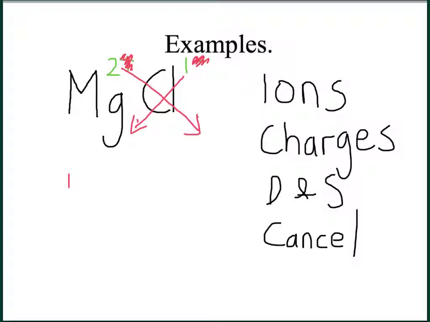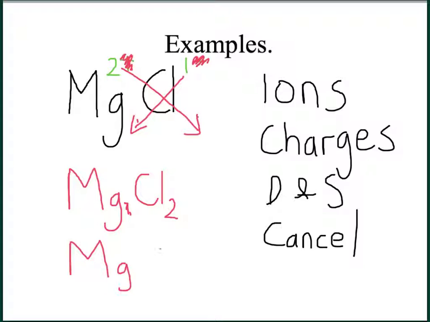So that means we now have magnesium Cl, and we've got a 1 there and a 2 there. We don't write the 1, so we get rid of that, and the formula is MgCl2, and we don't need to do any cancelling, so we leave it at that, and that's the formula for magnesium chloride.